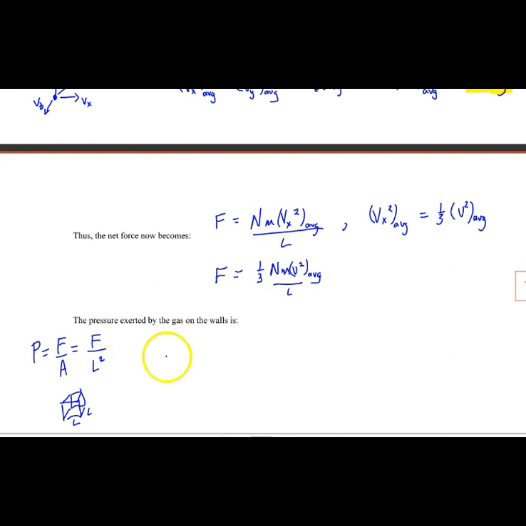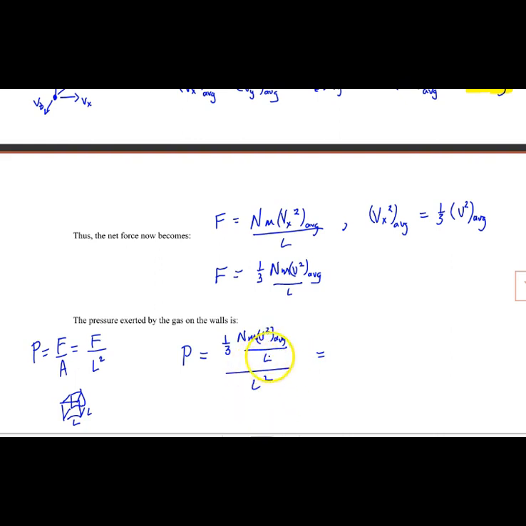Okay, so let's put that in here. Now we're going to take that force expression up here, which is 1/3 nmv squared average divided by L, and then all of that divided by L squared. And so what you're going to end up with over here is an L cubed.